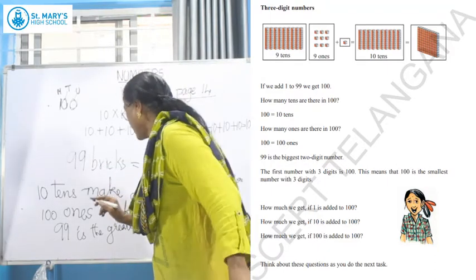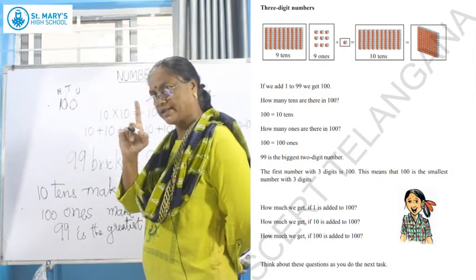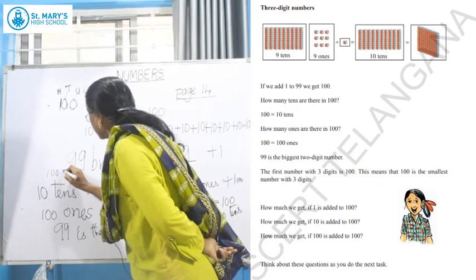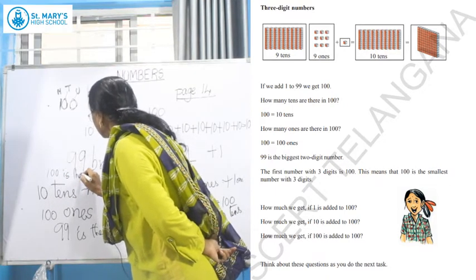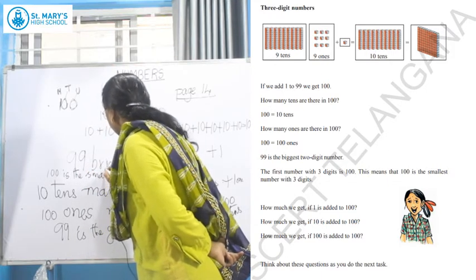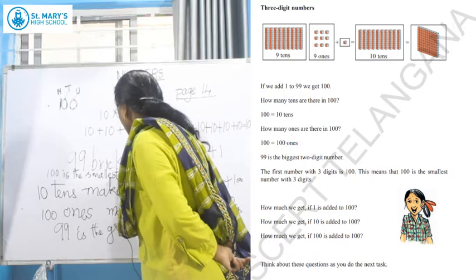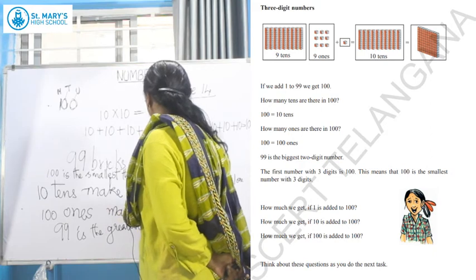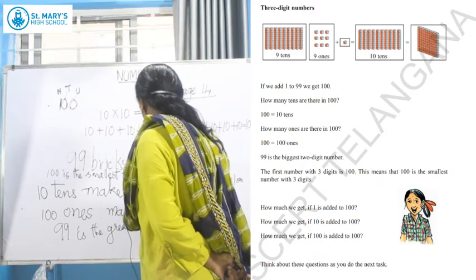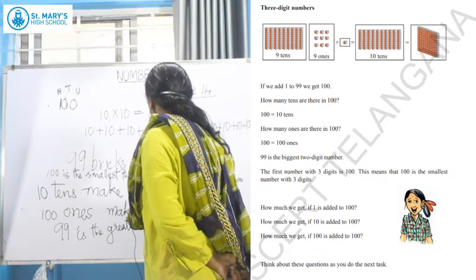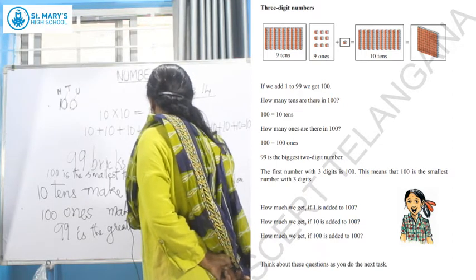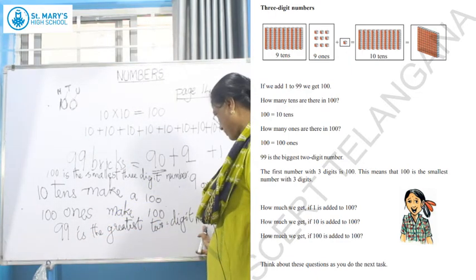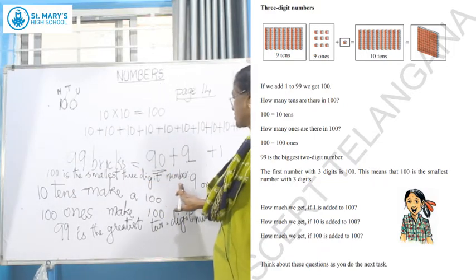That means what can we write? 100 is the smallest 3-digit number. 99 is the greatest 2-digit number. 100 is the smallest 3-digit number.